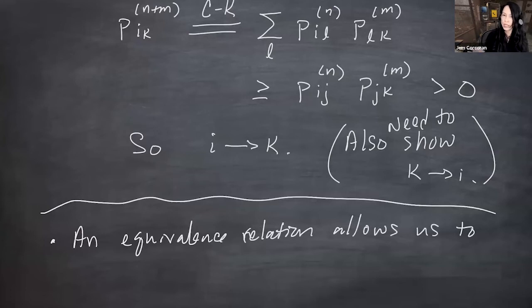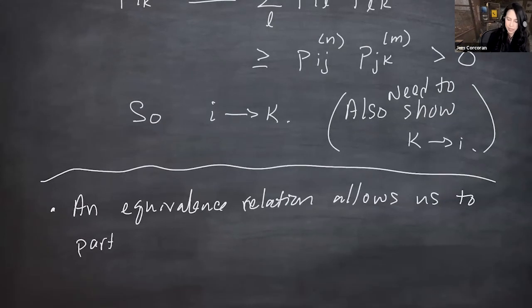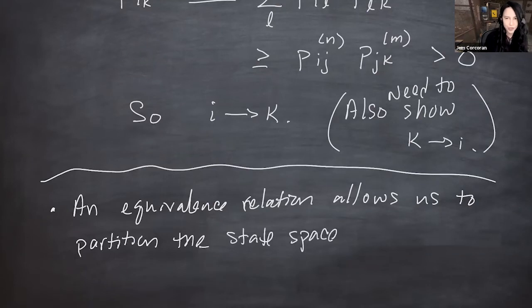allows us to partition the states or the state space. Technically, I need an equivalence relation on the states. I probably should have put that in up here. But it allows us to partition the state space into what are known as equivalence classes.